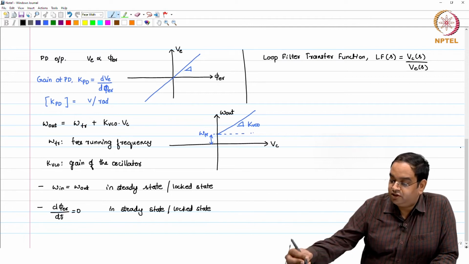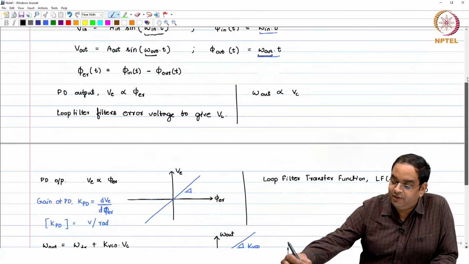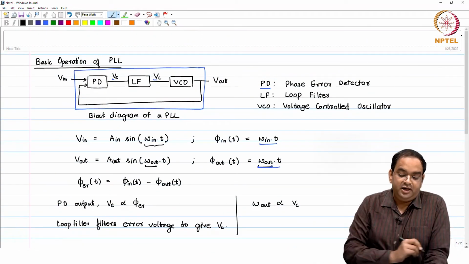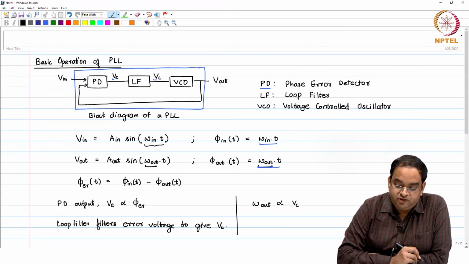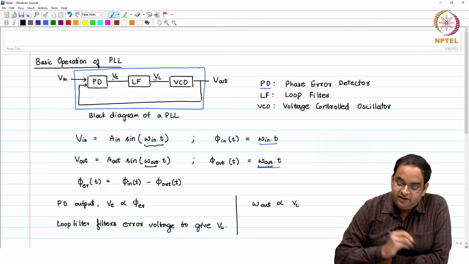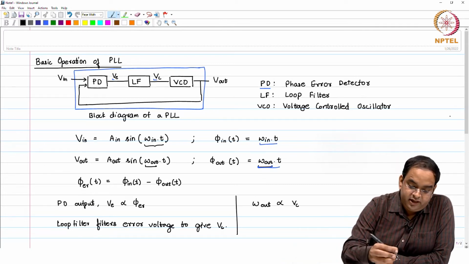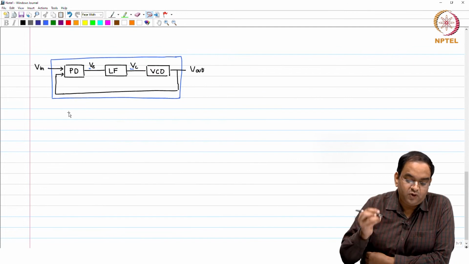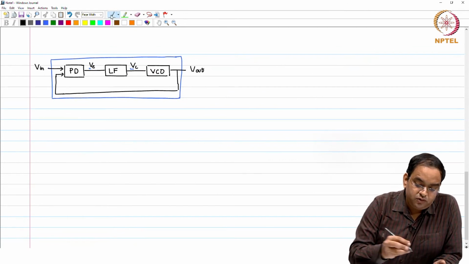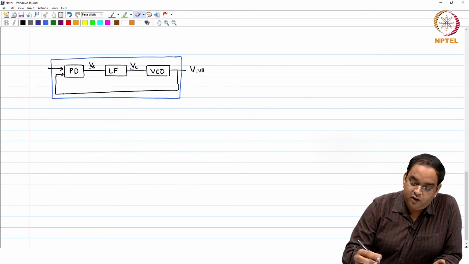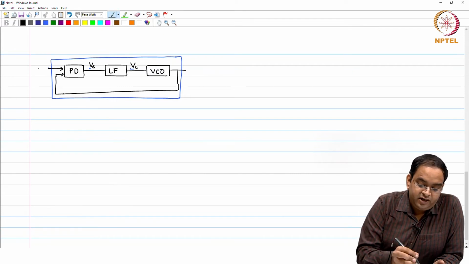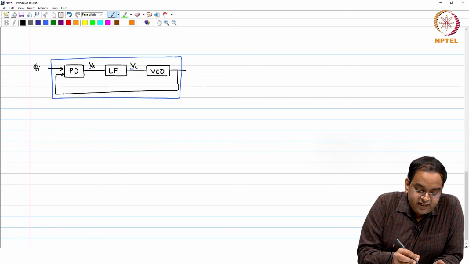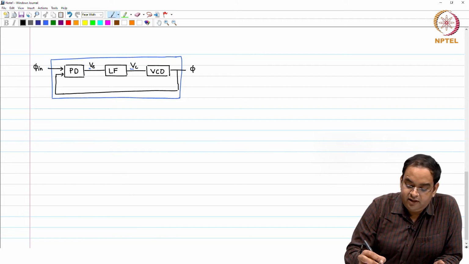We will take an example to understand in a little more detail. Given this block diagram, you give the input signal with a certain phase. As we know, we are operating on the input and output phase, so I will write only the phase variables as phi in and phi out.